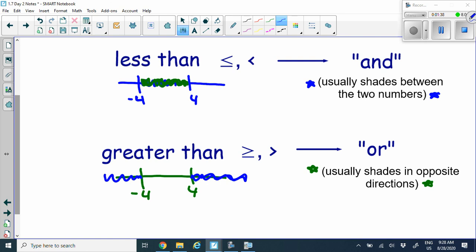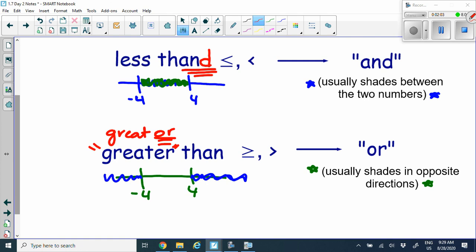Now you might be wondering, how am I supposed to remember this? Well, I like to put a D on that than, so less than, so it's like and. Then for greater, instead of putting maybe ER, I say greater with an OR.